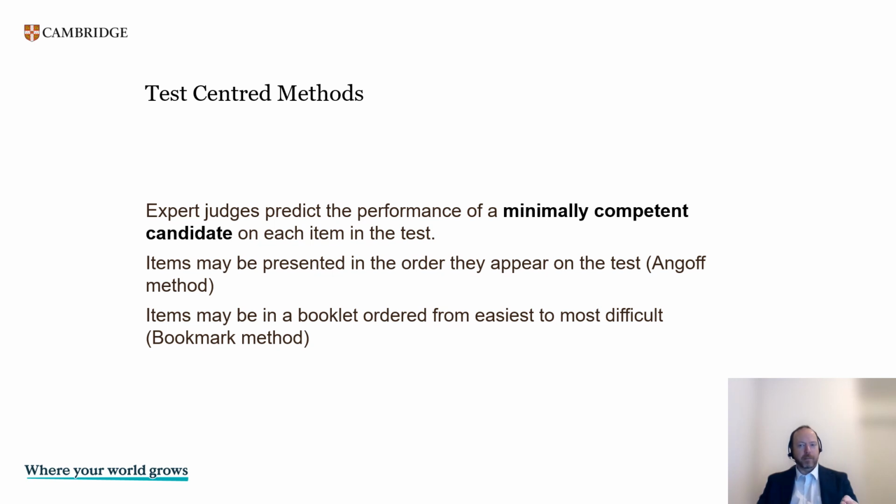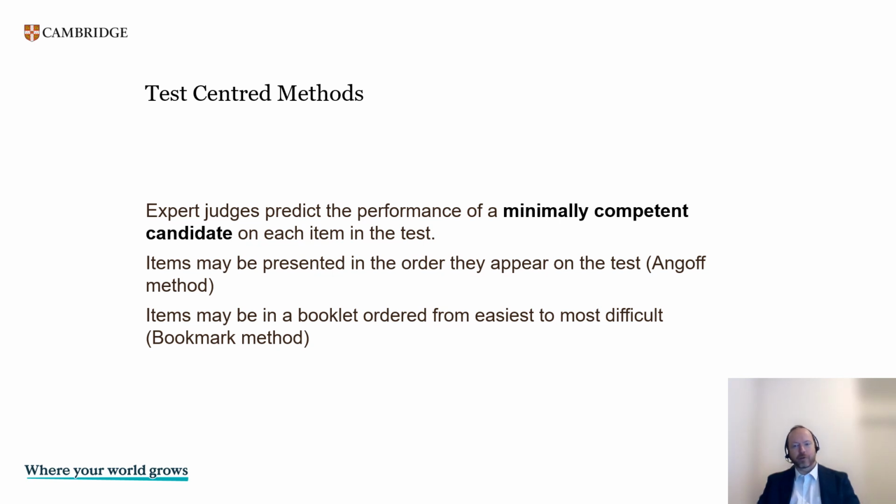Because we want to set the pass mark, we do not think about what an average candidate can do, because an average candidate will be above the level required for passing score. Depending on the method we use, our expert judges might see the test items in the same order they appear on the test, as in what's called the Angoff method, or arranged in order of difficulty, as in the bookmark method.